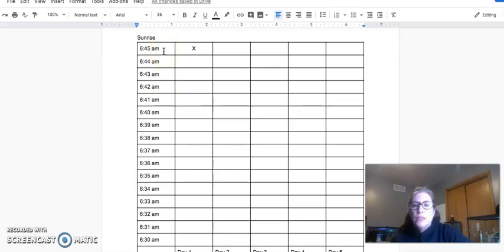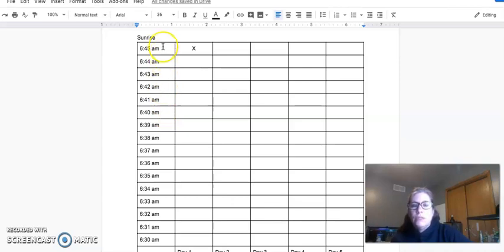So we're putting 6:45, 6:44, 6:43, 6:42, and we're going to keep going down by 1 minute. And the last number that I'm going to have you put in your notebook is 6:30. And notice that I labeled AM. We've talked in science about how we need to make sure that we label things so that we know what they are.